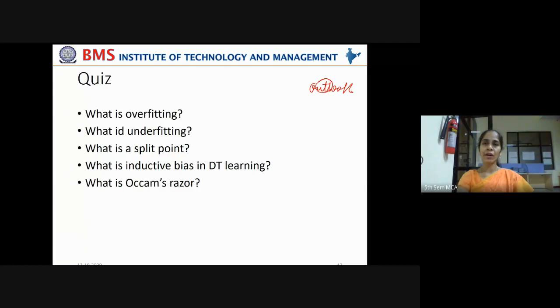So Outlook is called the split point. Now you proceed further, and the information gain of Humidity is high, so Humidity is the split point. Why? Because it allows us to split the training examples according to some conditions. That is why the nodes in the tree are called split points.